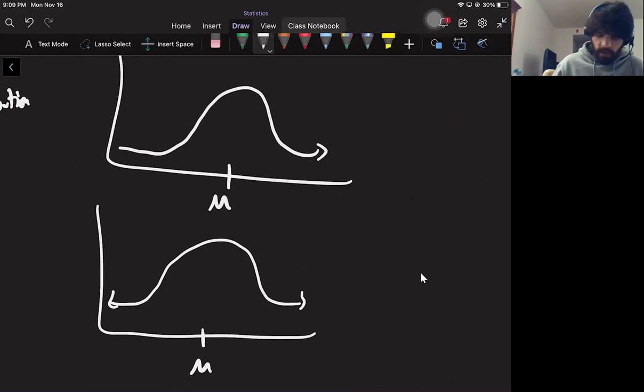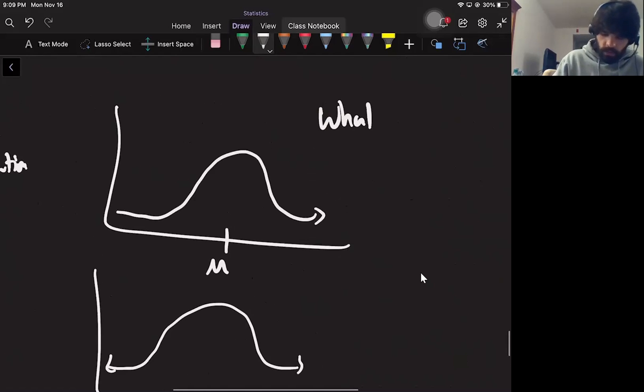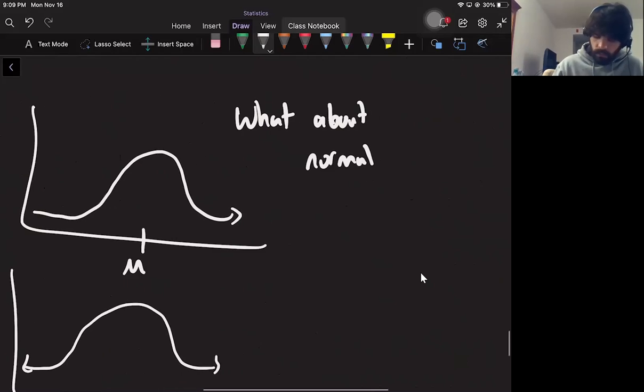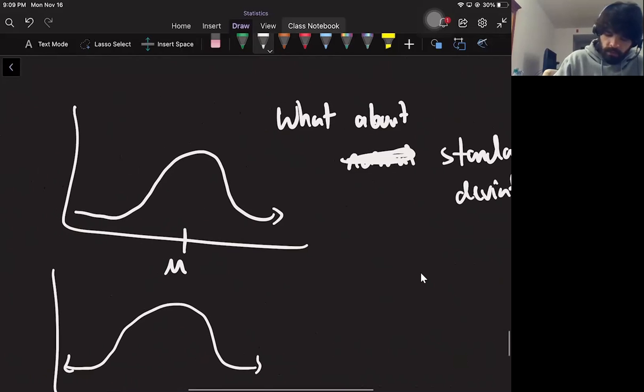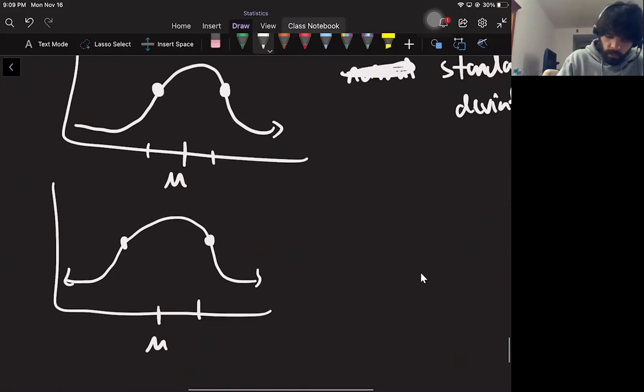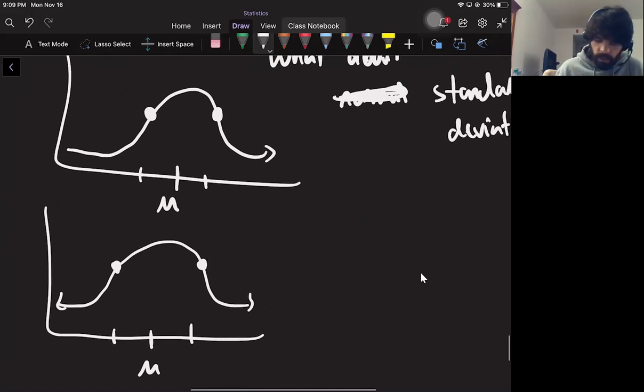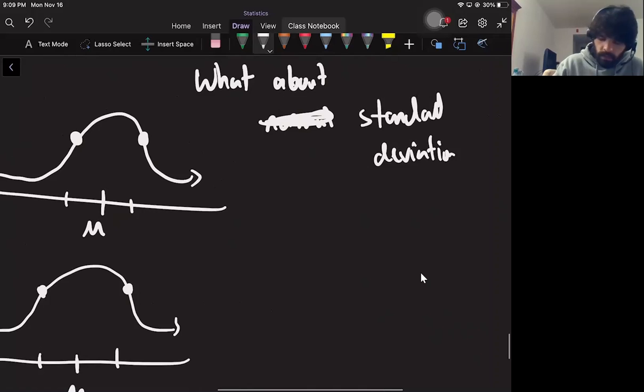So what about the standard deviation? Because a normal distribution has to have that too. Remember, that tells you how far it is to the inflection points. Well, it turns out that it will be something easy to calculate too.